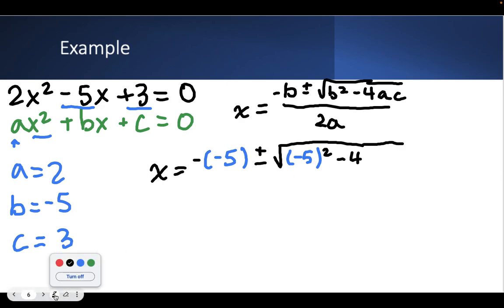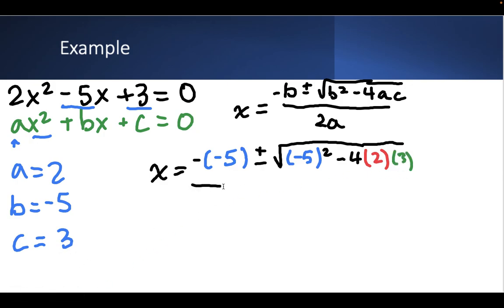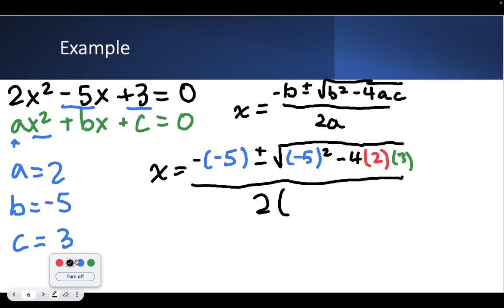A I'll do in red and c I'll do in green. So we got 2, and we've got 3 according to the formula. And then all of this over 2a. A is 2, so we're just going to substitute that value in here.